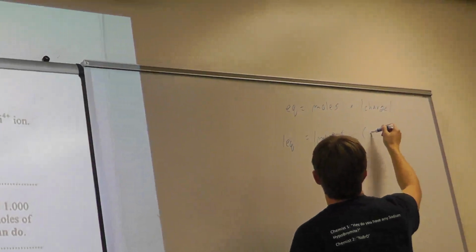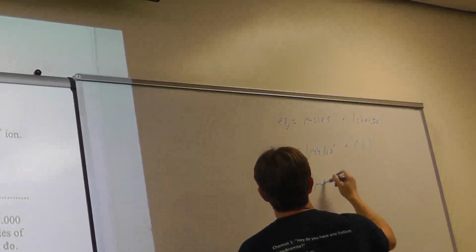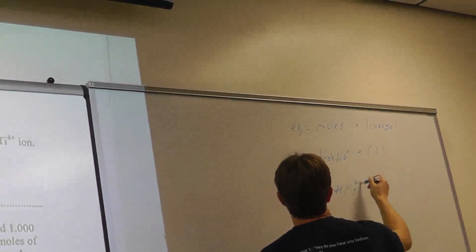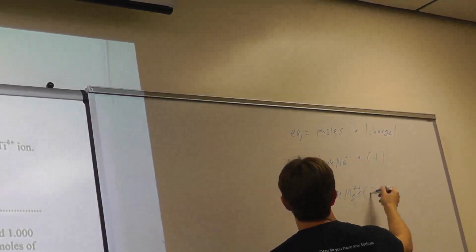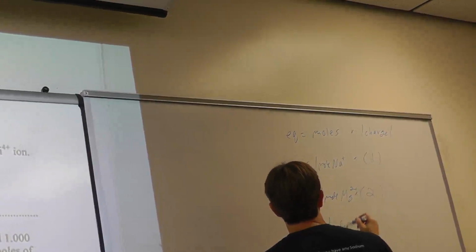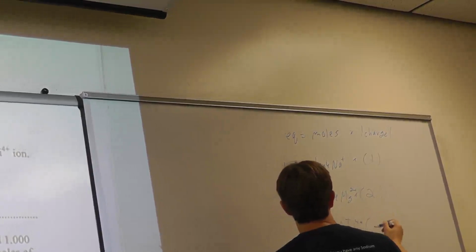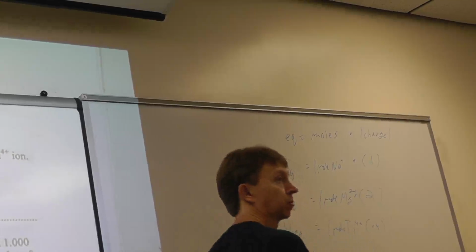Because the charge here is 1, correct? But 1 mole of magnesium would be how many equivalents? 2. And our 1 mole of titanium-4 would be 4 equivalents. Okay.